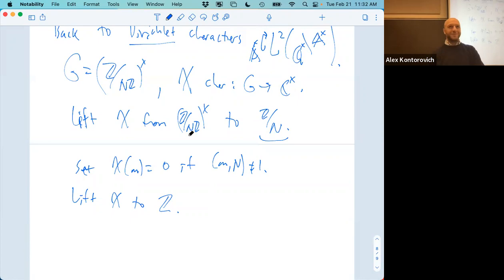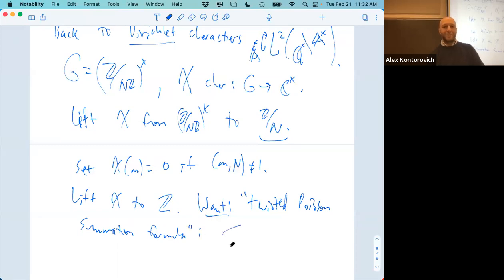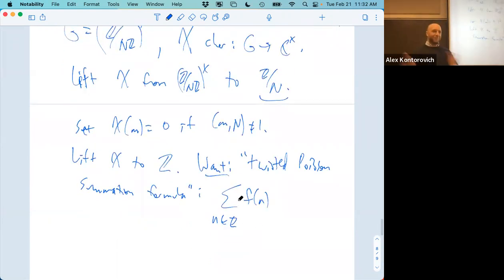So far, so good. And now the next thing that I want is a twisted Poisson summation formula. Of the type, I sum f on the integers, I have my favorite test function f. That's just the left side of the Poisson summation formula.